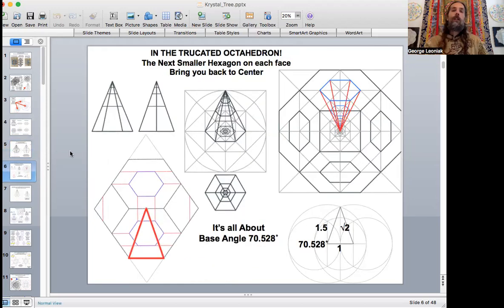Now, a few videos ago, I think some of that information may have got cut out of one of the videos, but I'll go over it again here. I started to come to this conclusion on my own as I was studying the doubling sequence cone and spiral, which we'll come to in a little bit.